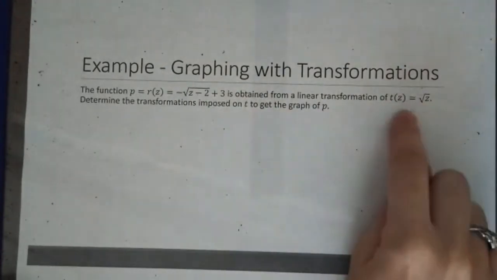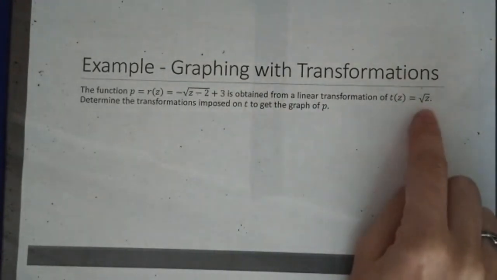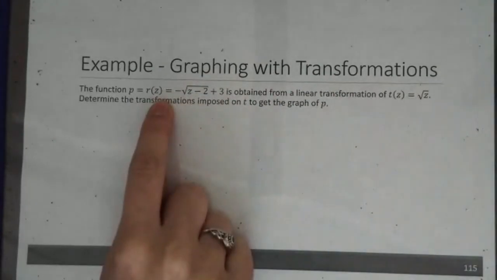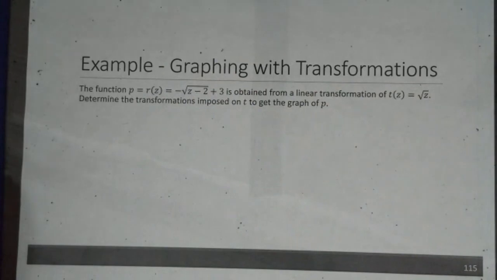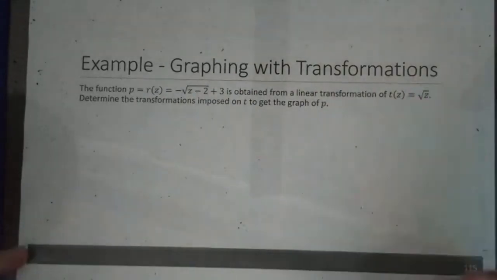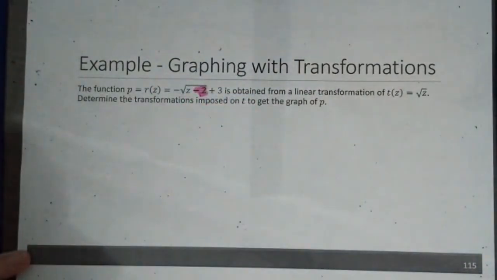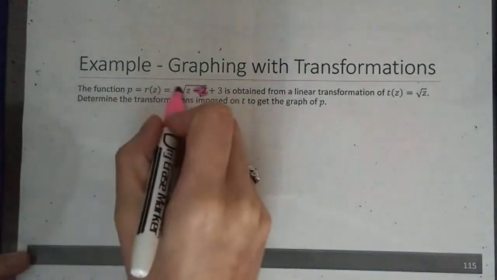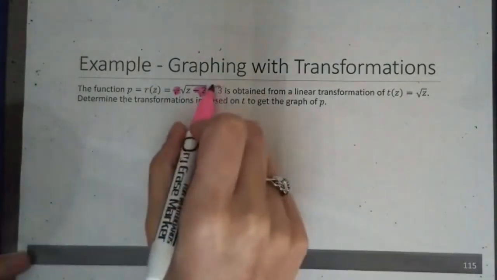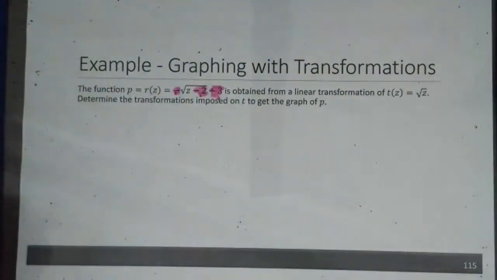So what transformations are we doing to this to get the graph of p? So we need to identify kind of what's different, what has changed. So we had the square root of z, now we're subtracting 2 from the z, a negative out front, and we have a +3 out back.